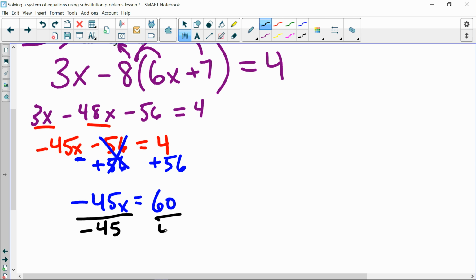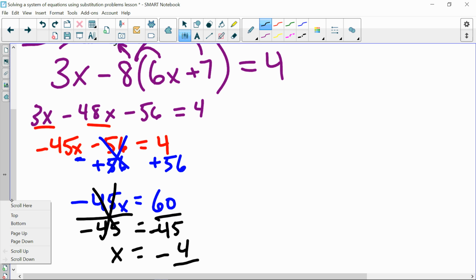Well, that means I need to divide by negative 45 over here. And then that would give me x equals, so that all goes away. I still have the x left. X equals negative 4/3. If you did it on a calculator, you'd get negative 1.333333 repeating.